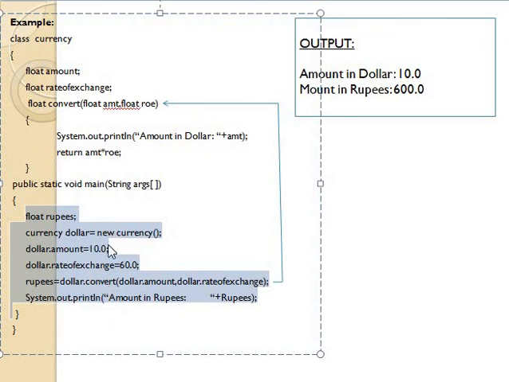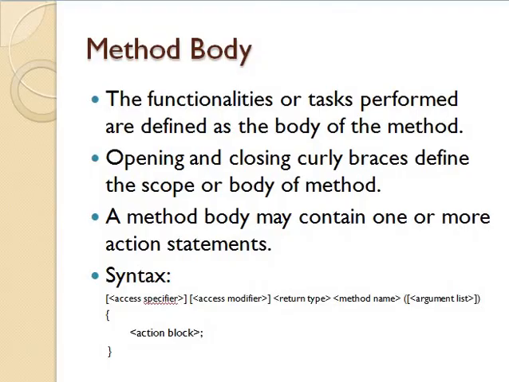So in total there are 6 action statements that exist inside the body of this main method, whereas there were only 2 action statements inside the body of the method convert. So a method body may contain one or more action statements.